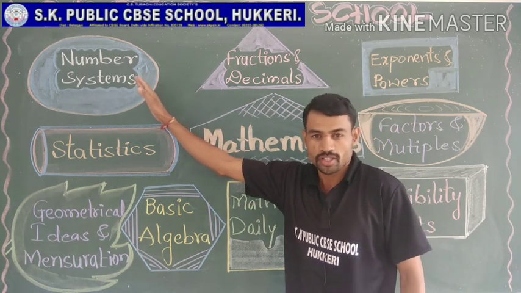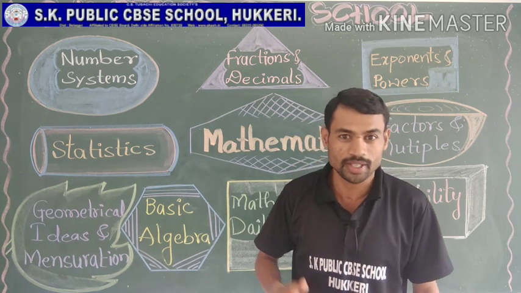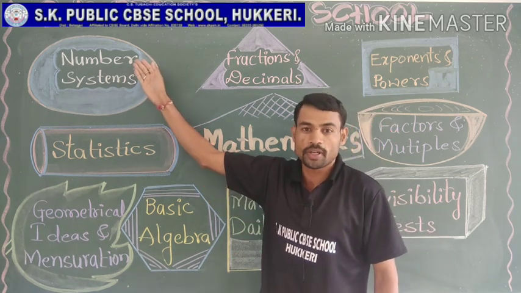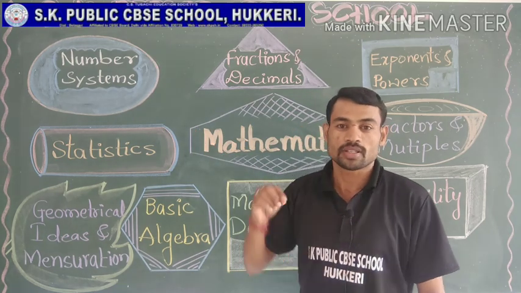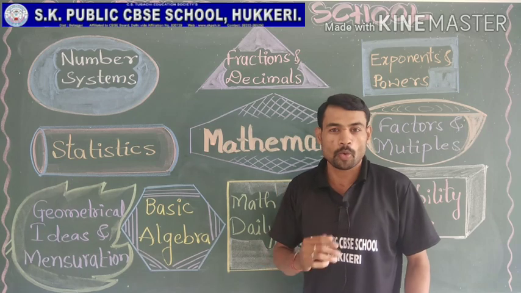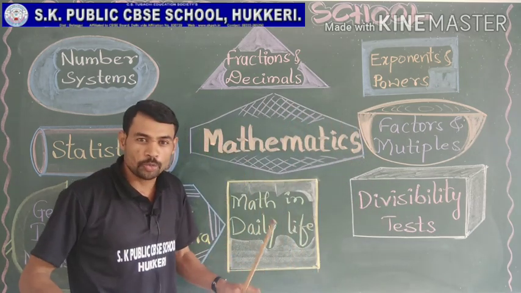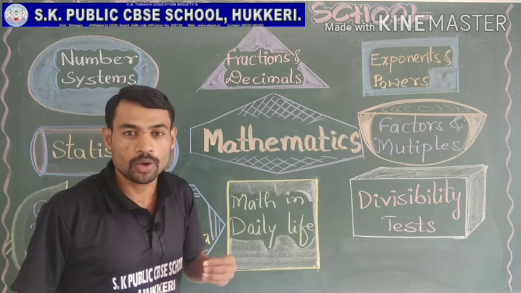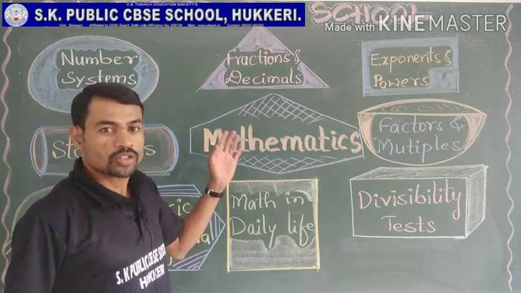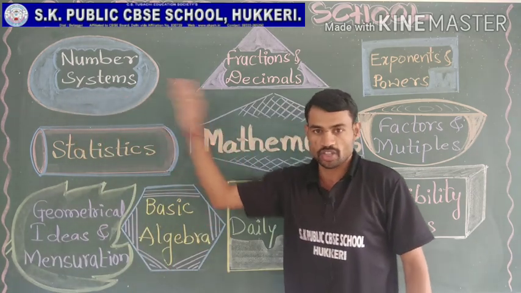There are also properties related to integers, rational numbers and irrational numbers: closure property, commutative property, associative property, distributive property, identity property. Many properties we have studied. Some more information I am going to teach in this session.